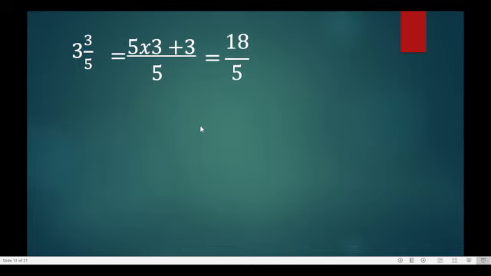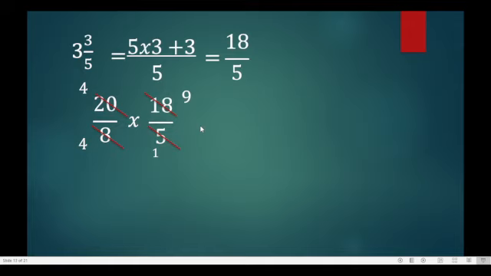So let's multiply. So 20 over 8 times 18 over 5. So 20 and 5 can be cancelled. 20 and 8 can be cancelled. And 18 and 8. So let's cancel first the 20 and 5. So 20 will become 4 and 5 will become 1. And 18 and 8, 8 will become 4 and 18 will become 9.